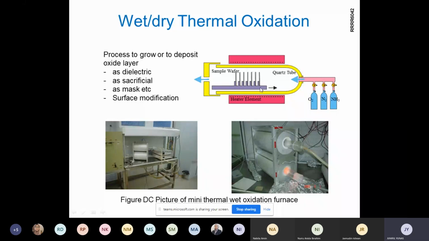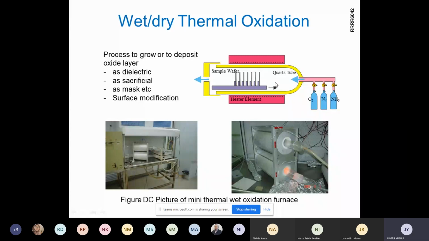The sample holder is also made of quartz. So here we put our sample inside, let the gas in, and heat the chamber.